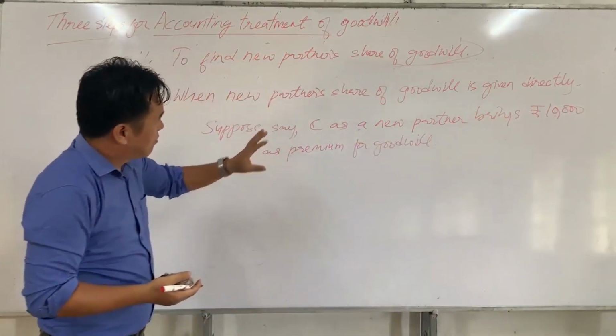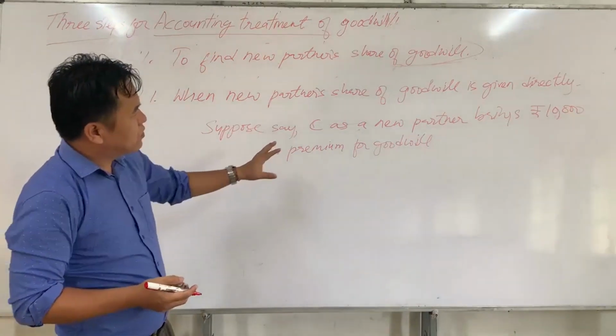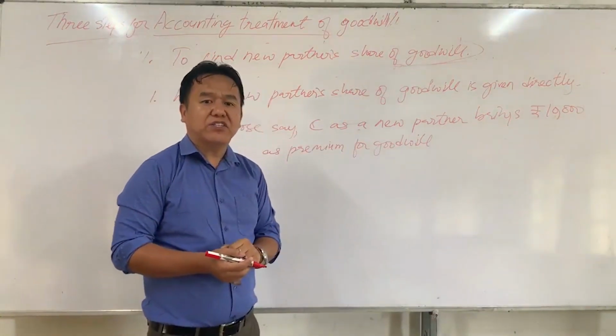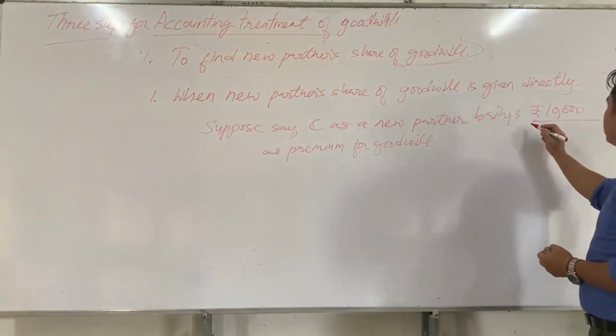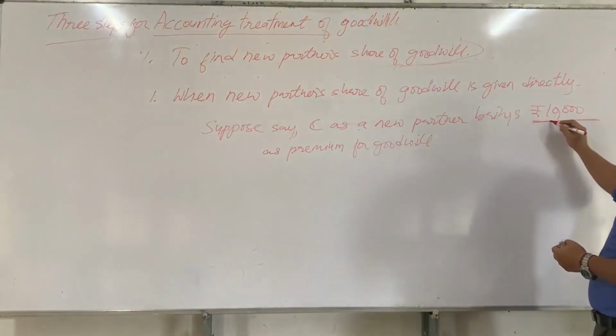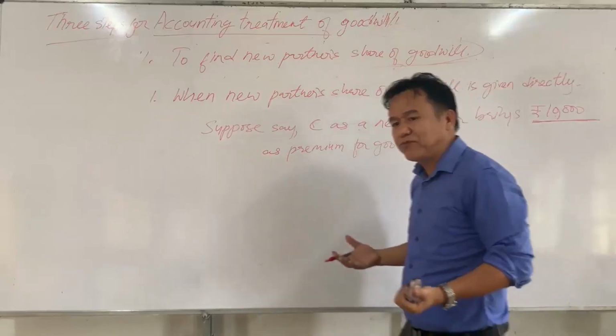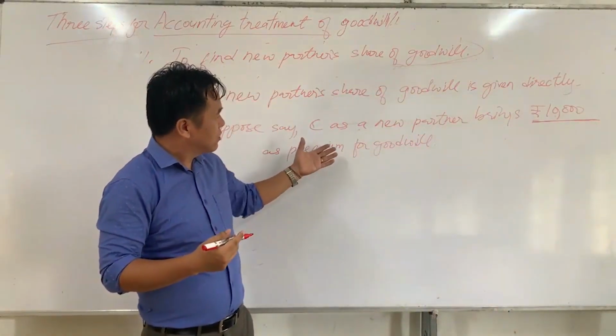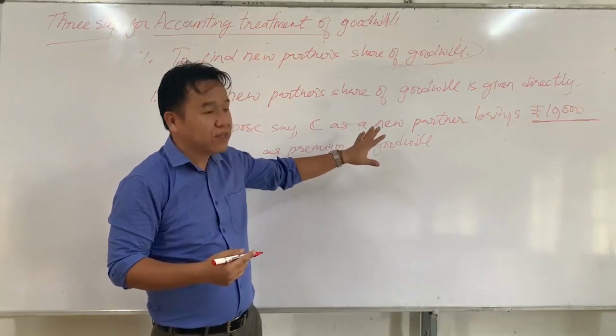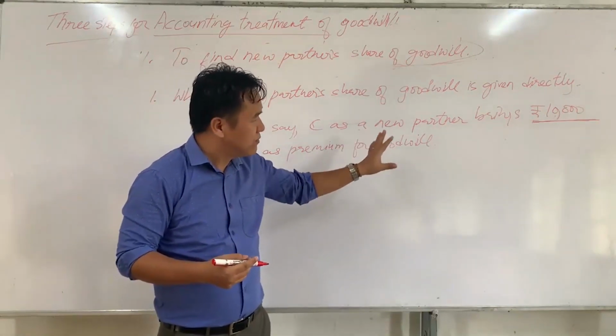So, from the given information, we don't have to find the new partner's share of goodwill, since it is given here. So it is easy for us if it is given.